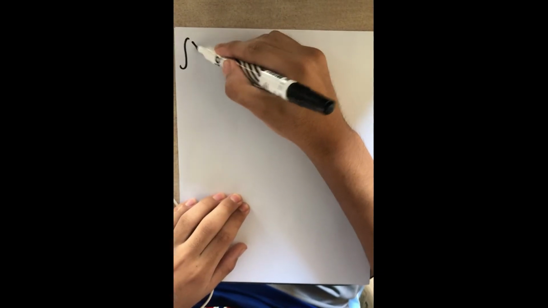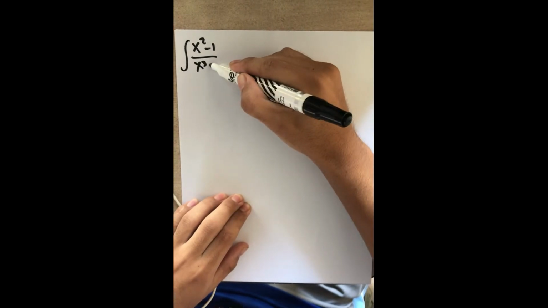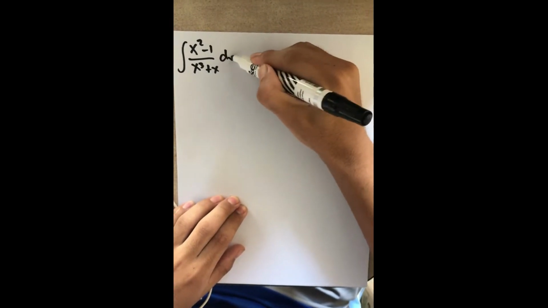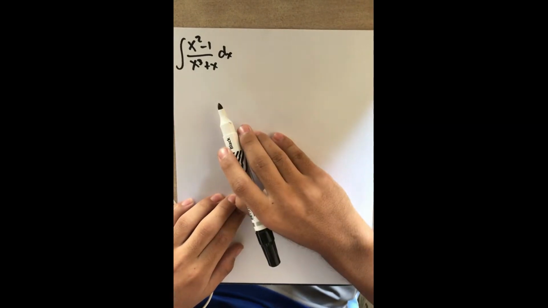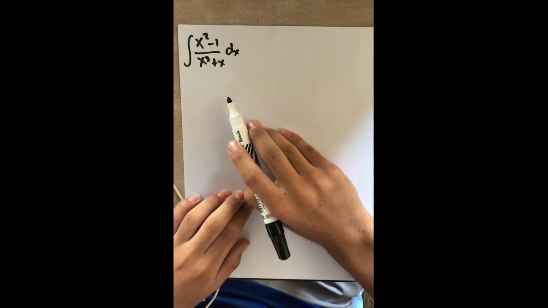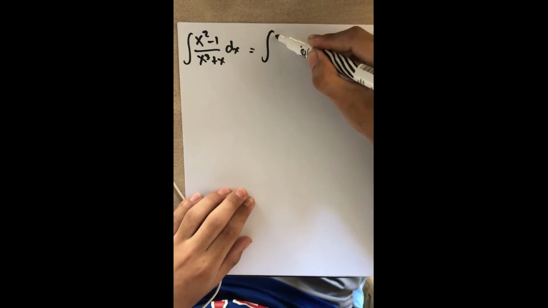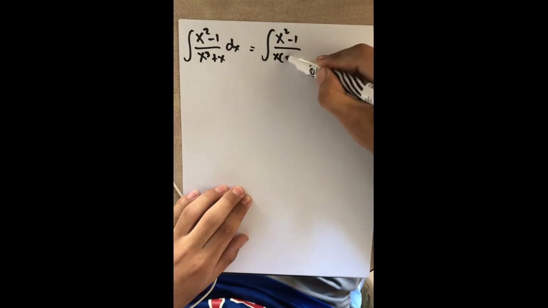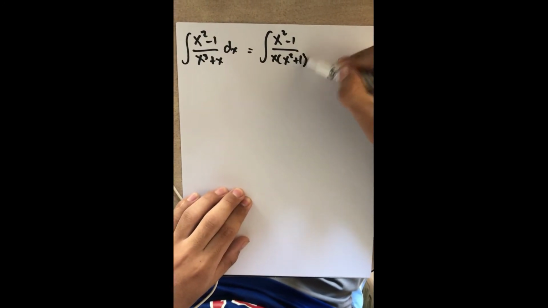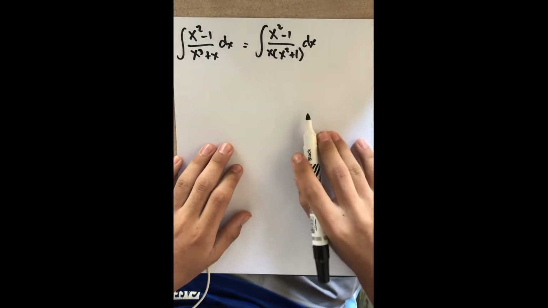Integral of (x squared minus 1) over (x cubed plus x) dx. The denominator of this equation is of the third degree, so let us factor this out. Copy the integration of (x squared minus 1) over x times the quantity (x squared plus 1) dx.